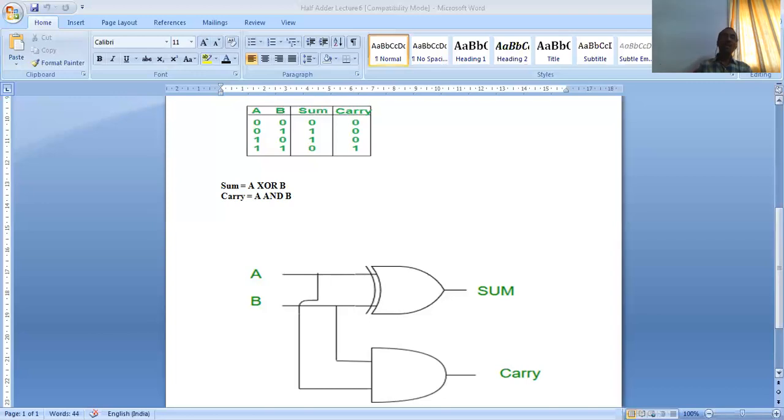Once you understand the working of half adder clearly, then you can draw the logic diagram of full adder, and also you can write the truth table of full adder.